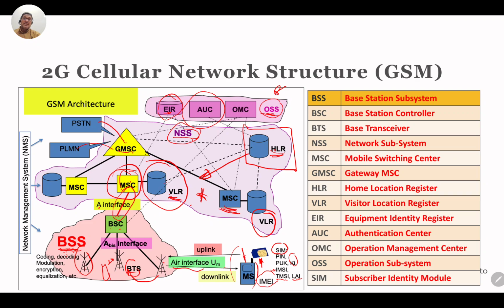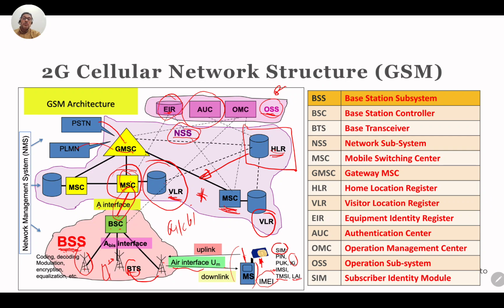However, of course, we will see later when they also include packet switching inside this architecture to support data communication beside voice communication. But remember that this one was mainly to support voice communication. Because of that, even the Abis interface between the base station and the base station controller is based on PCM, so it is based on 64 kilobit per second data, because voice communication is 64 kilobit per second.